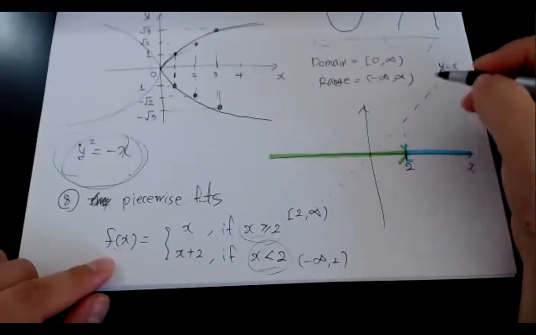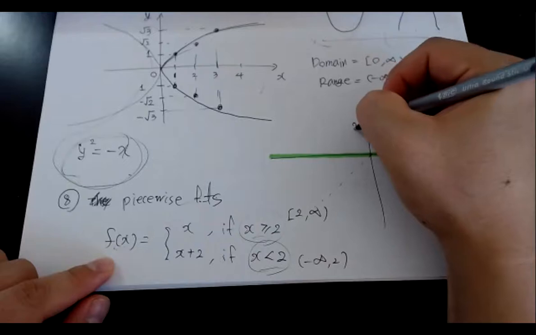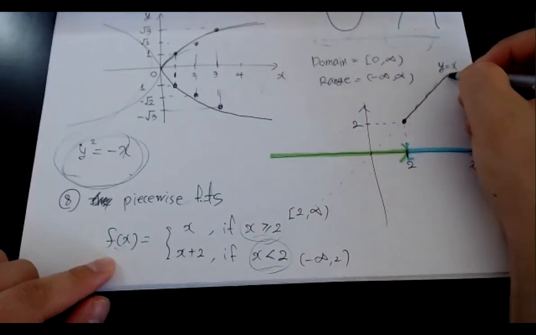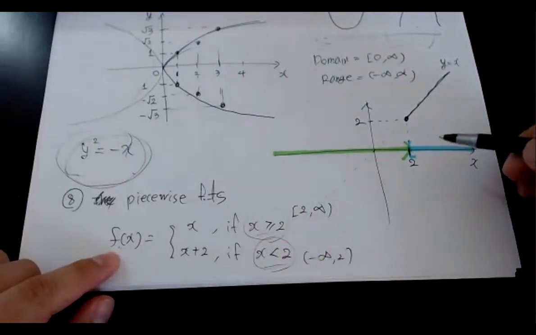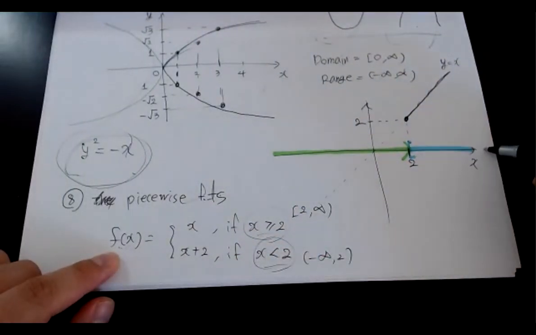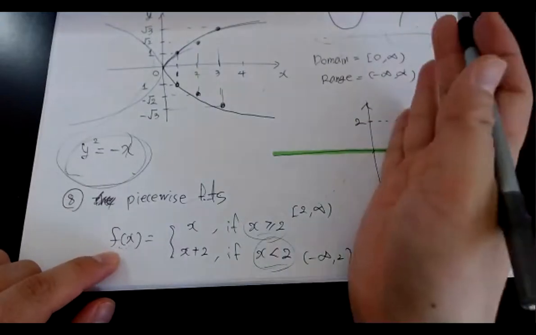When x is 2, the y value is 2 right there, starting from this point. This is the graph of the piecewise function on the interval 2 to infinity. That's the part of the graph y equals x. We just cut out this part.